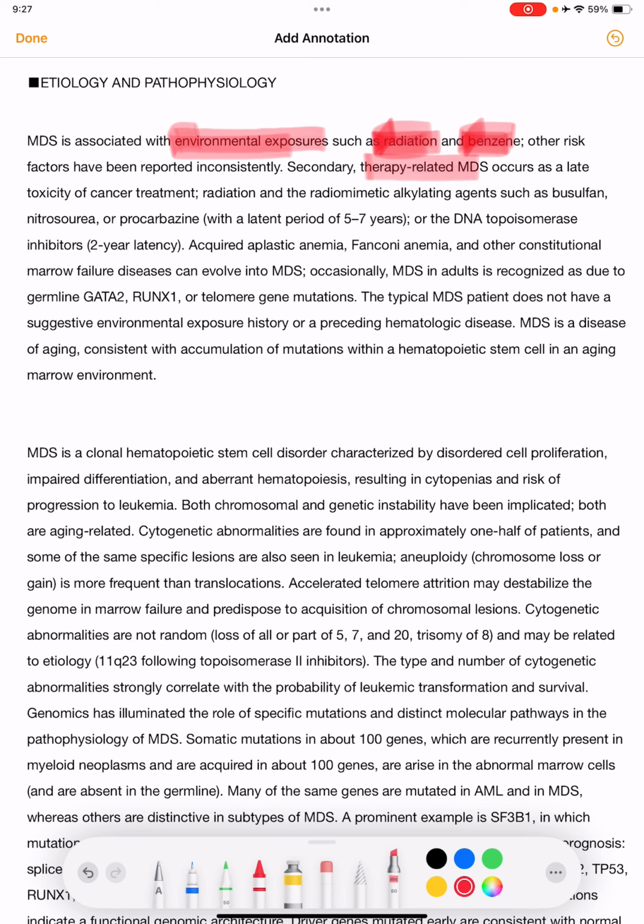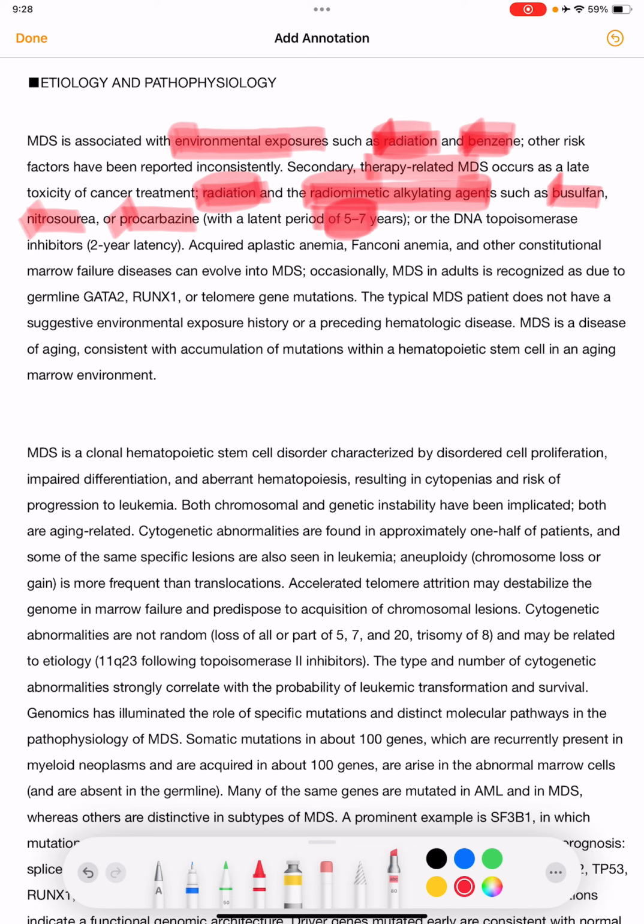If the patient has taken radiation and radiomimetic alkylating agents such as busulfan, nitrosourea or procarbazine, then with a latent period of 5 to 7 years, the patient can develop MDS.